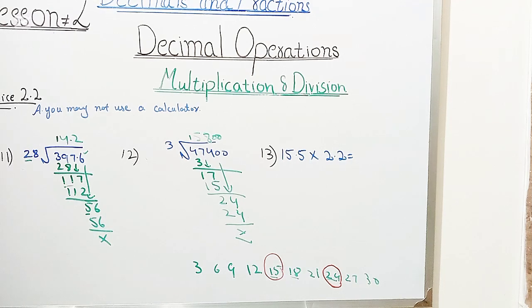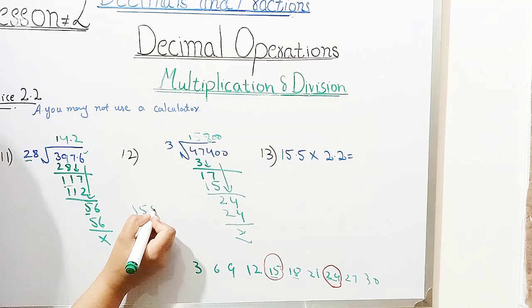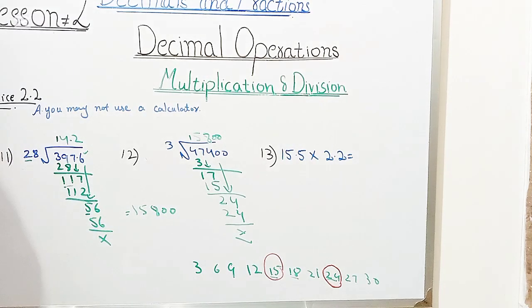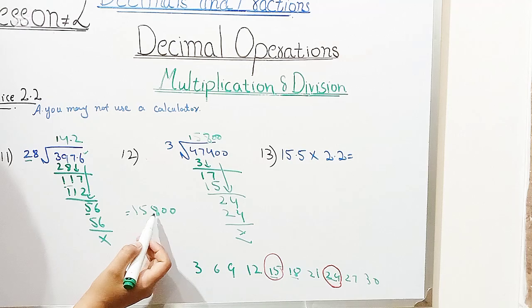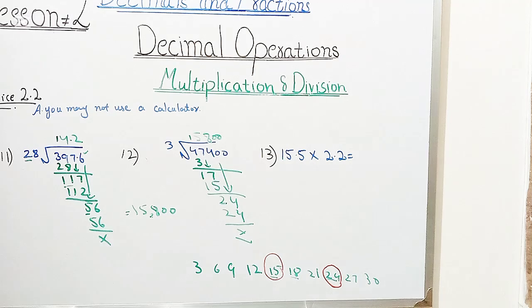Now there is no decimal place, so 15800 is the final answer. Ones, tens, hundreds, I will place a comma after three values, after hundreds. Next, question number 13.